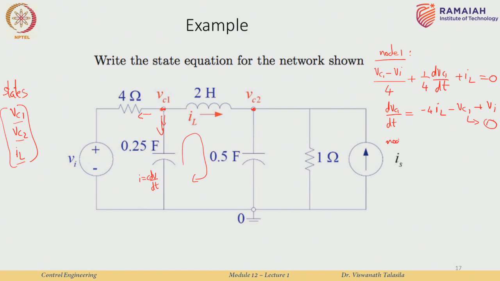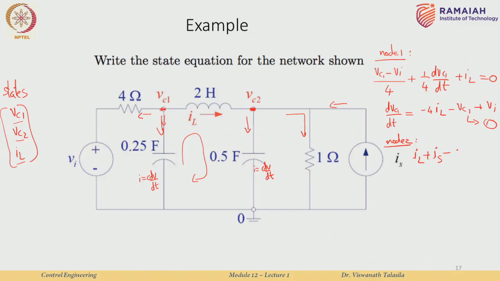If I apply KCL at node 2, okay, at this particular node I have the current IL which is coming in, okay, then I have this current which is going out, there is a current in this particular branch going out, and this IS is also coming in. So, I have IL plus IS, the two incoming currents. I need to now minus the two outgoing currents. Okay. So, the first one will be again C dVc by dt, again I apply this constitutive relationship over here.